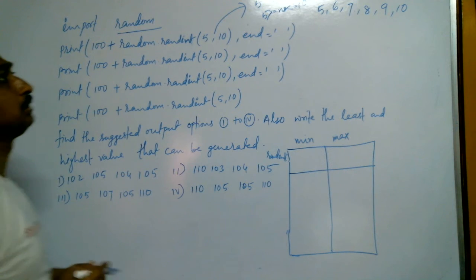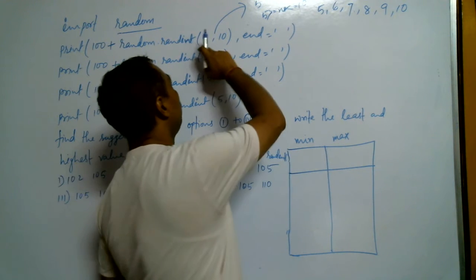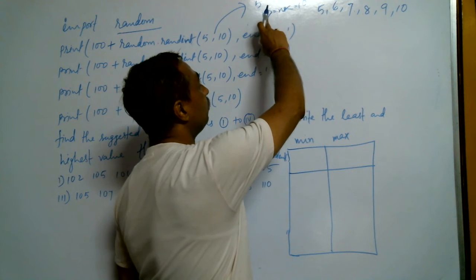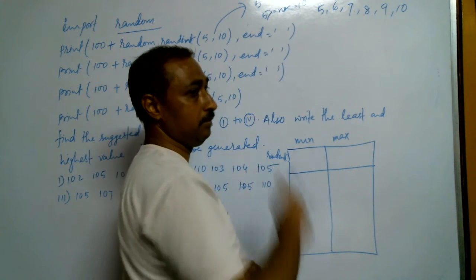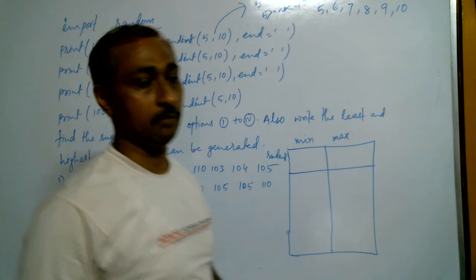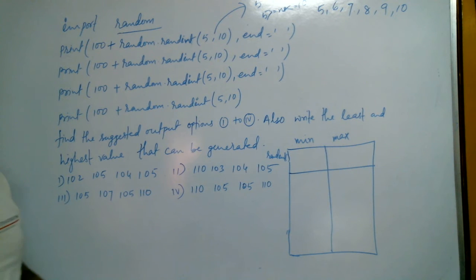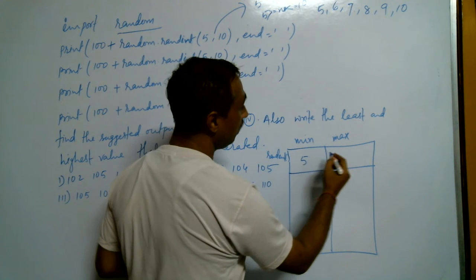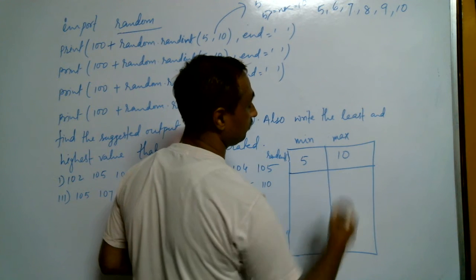This function can return only values greater than or equal to 5 and less than or equal to 10. So the minimum value returned by the randint function will be 5 and the maximum will be 10.